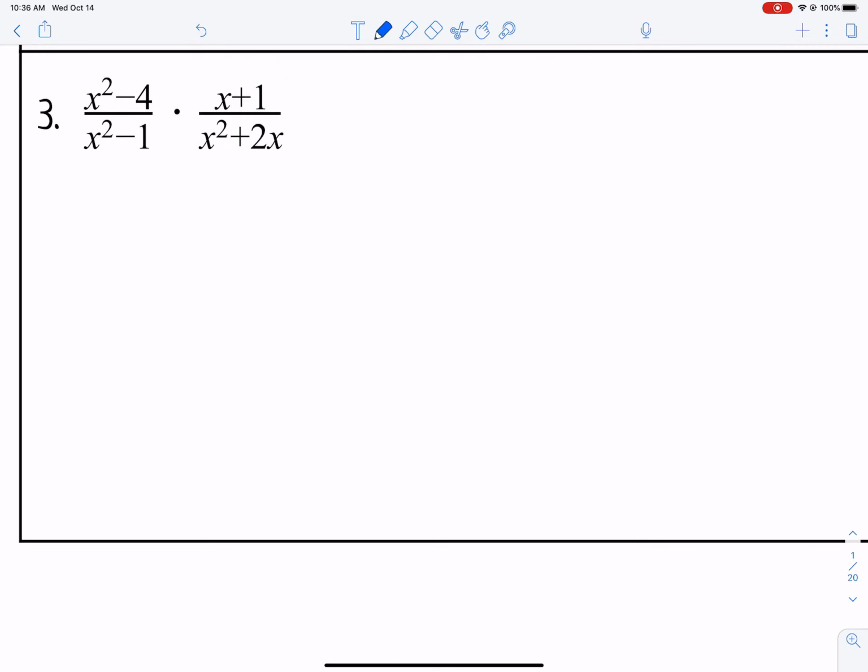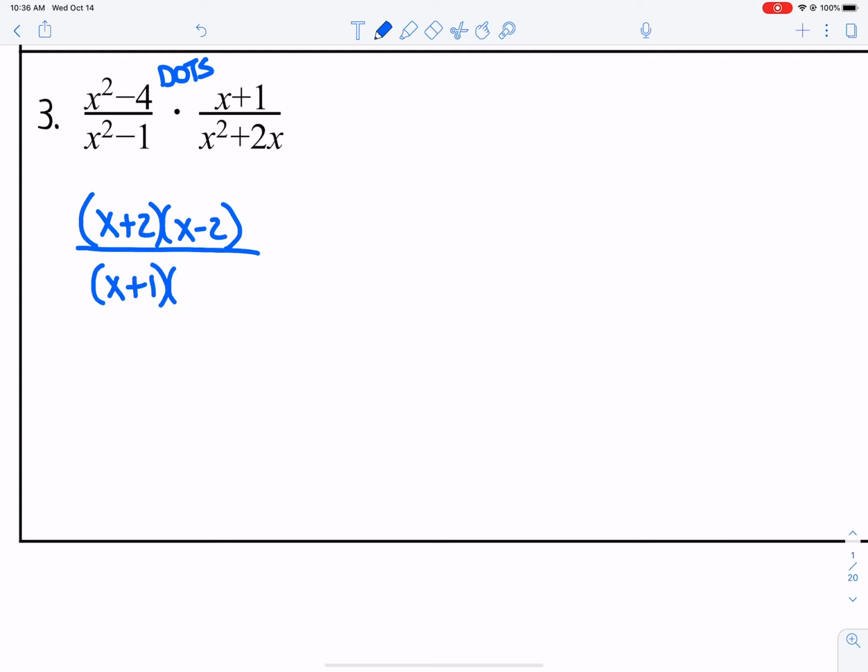All right, so for example 3, looks like we have some difference of 2 squares involved. So in my numerator, I'm going to factor x squared minus 4 into x plus 2, x minus 2. In the denominator, I'm going to factor that into x plus 1, x minus 1, because it's also a difference of squares. And then I just have x plus 1 in my second numerator.